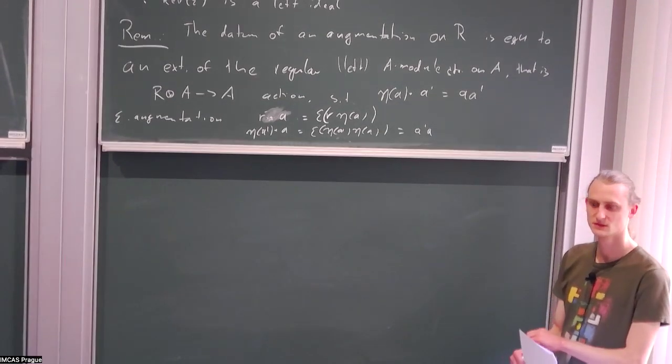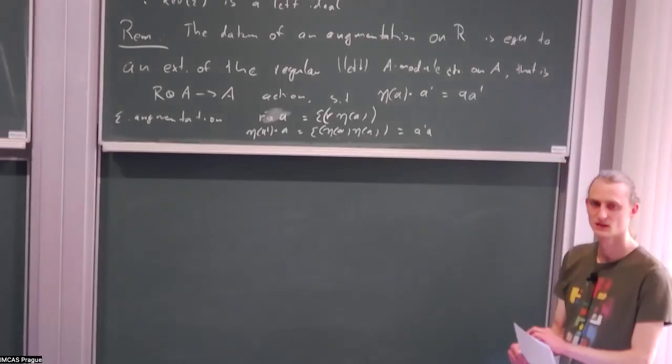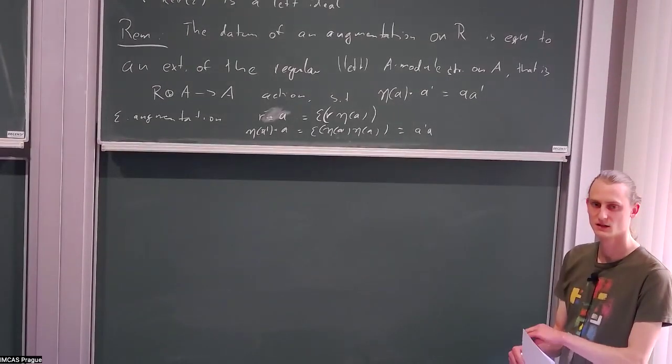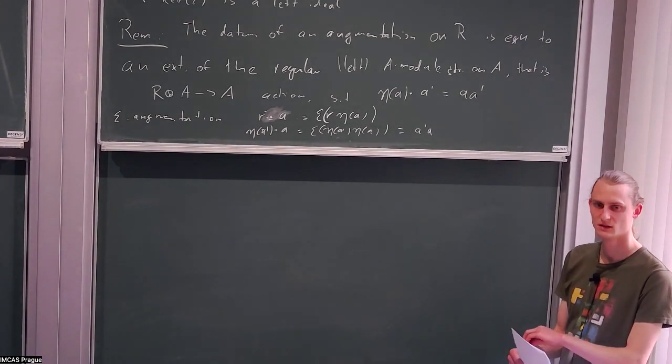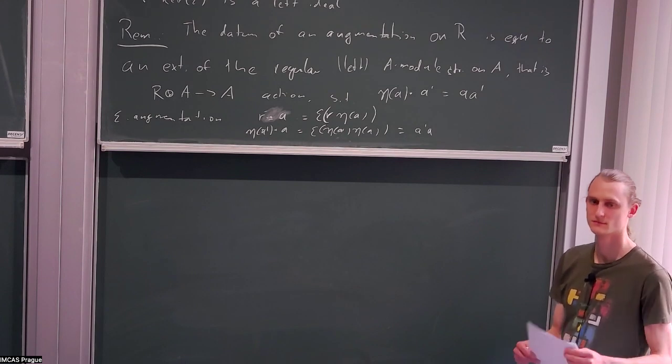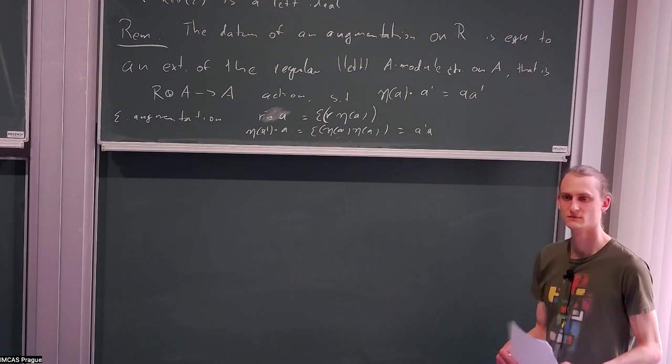Another way to think of this augmentation is as a K-algebra map, or as an A-ring map, from R to the K-linear maps of A to itself.